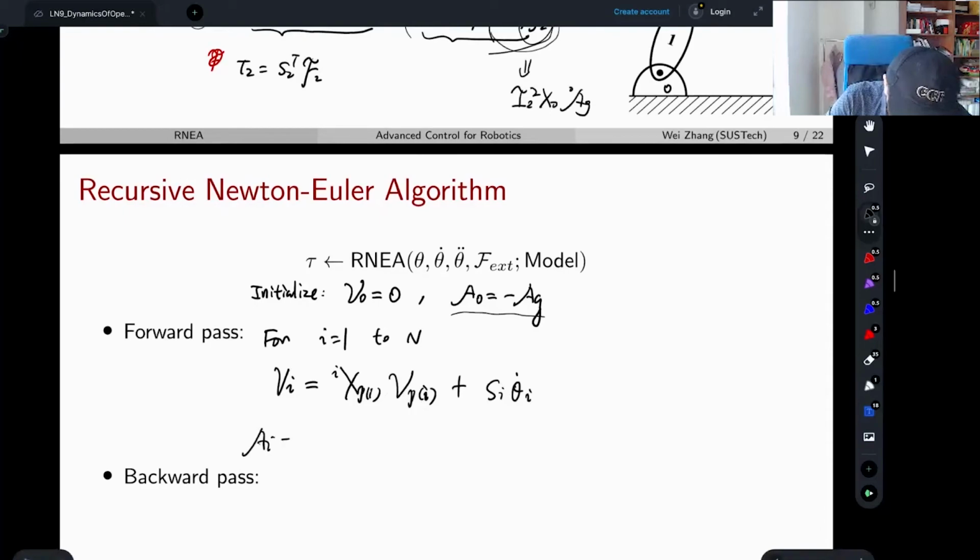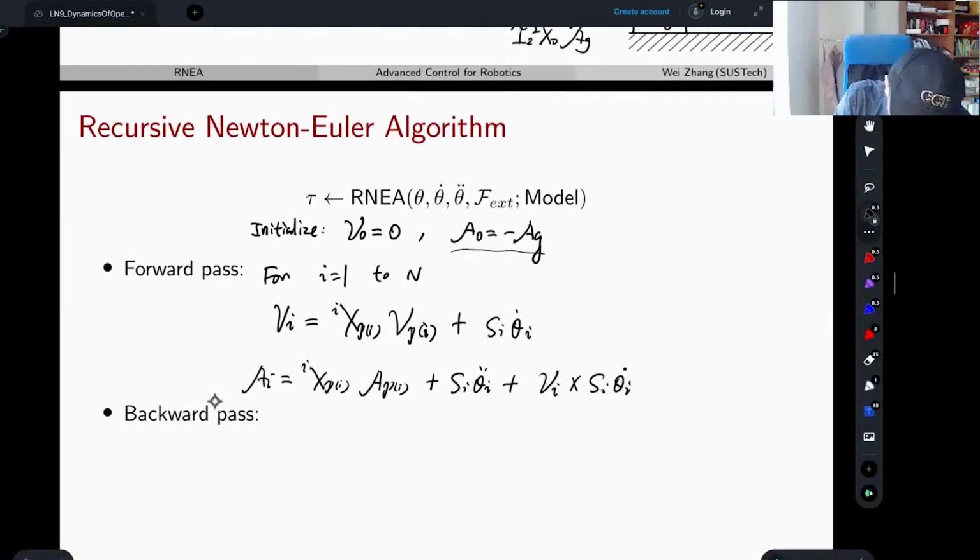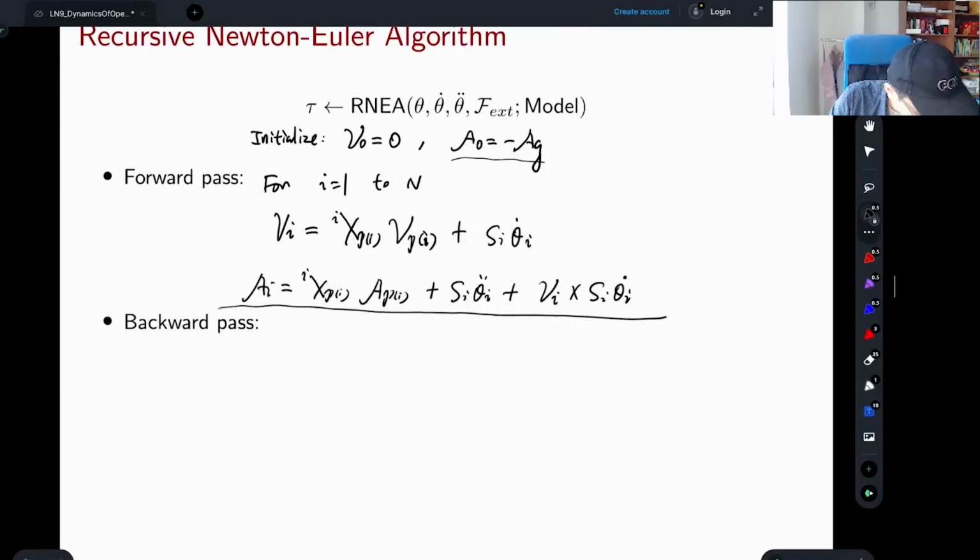Then acceleration is X pi i times the acceleration of the parent, expressed in the local frame, plus Si theta i double dot, plus some cross term: Vi cross Si theta i dot. The S frame means the S body, they are the same spatial velocity. That's the most important thing.